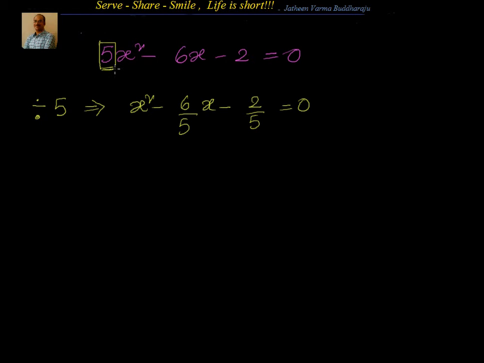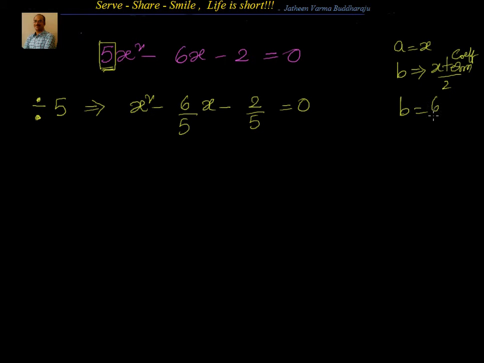Whenever you have a coefficient of the x square term which is not equal to 1, always divide by that coefficient to make sure that a is equal to x, so that your b will be nothing but the x term coefficient divided by 2. Okay, now what is your coefficient here? 6 by 5.